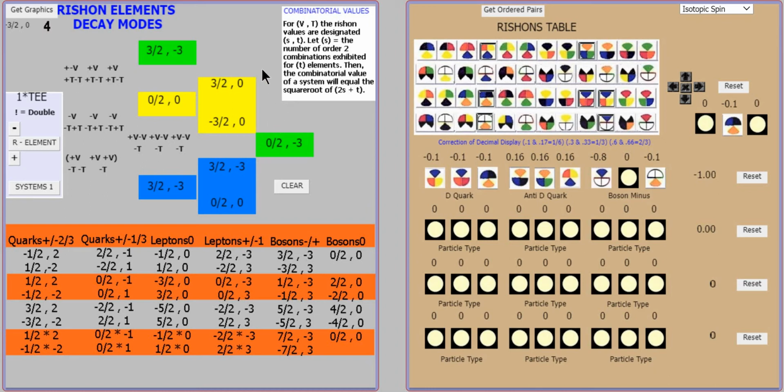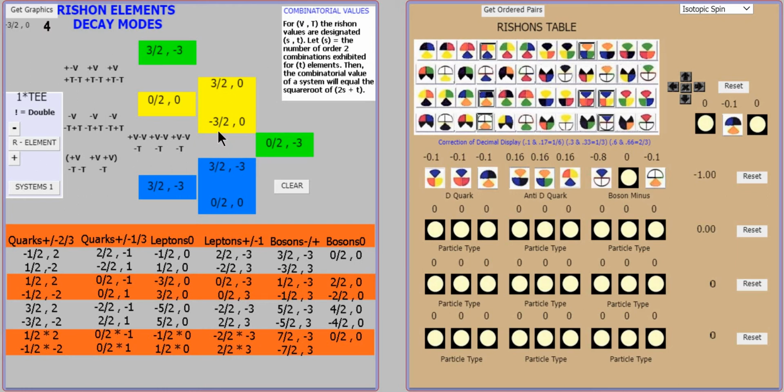By changing the particle-antiparticle pair, we can change the product of the boson minus decay.